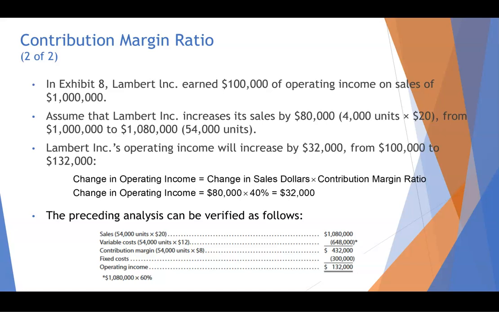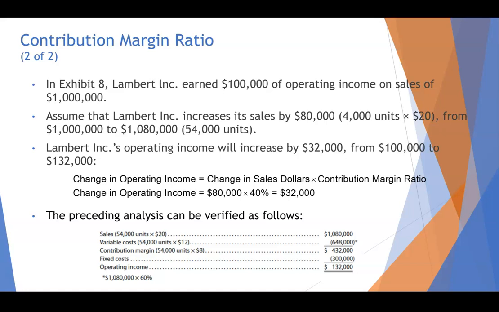Once those fixed costs are covered, any additional contribution margin then increases operating income. So you see here, let's assume that sales increased 80,000, 4,000 units times $20. Lambert's operating income will increase by 32,000, from 100,000 to 132,000.